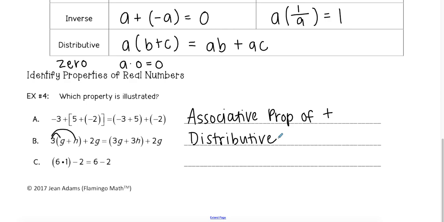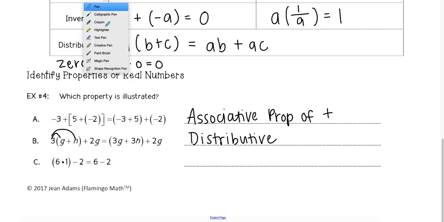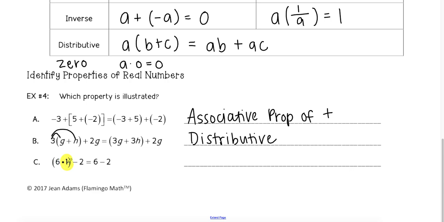Okay, and then this one may be a little bit hard to identify right off the bat, but it says 6 times 1 minus 2 is equal to 6 minus 2. So this 1 right here, that's what we're really looking at. That's what changed. We multiplied by 1.